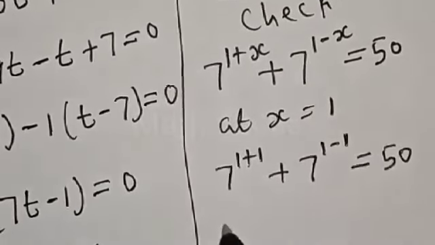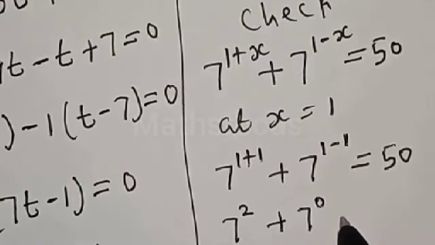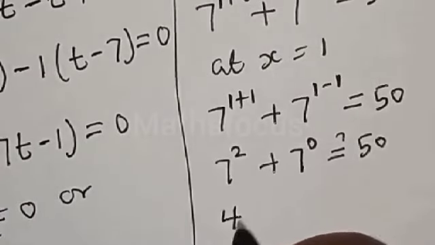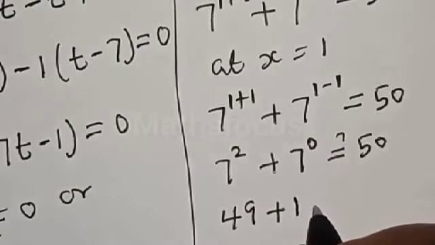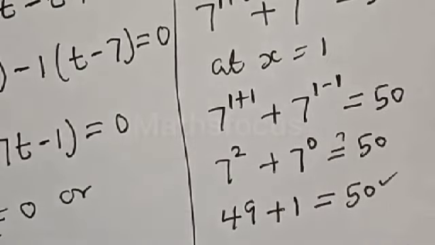Now this is 7 squared plus 7 raised to the power 0 must be equal to what? 50. 7 squared is 49 plus 7 raised to the power 0 is 1. This is equal to 50, which satisfies the given equation at s is equal to 1.